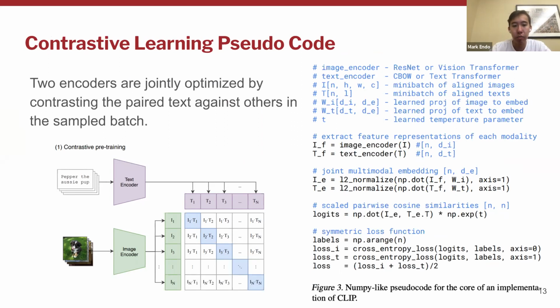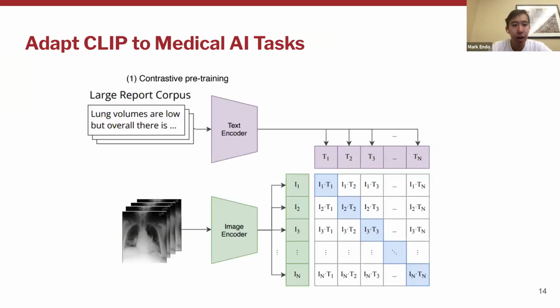Then we figure out the similarity scores, or the pairwise cosine similarity, between the image and text, and that's done with the logits line. We'll go back to code in future parts of this lecture, but this is just a flavor of what the model is doing.